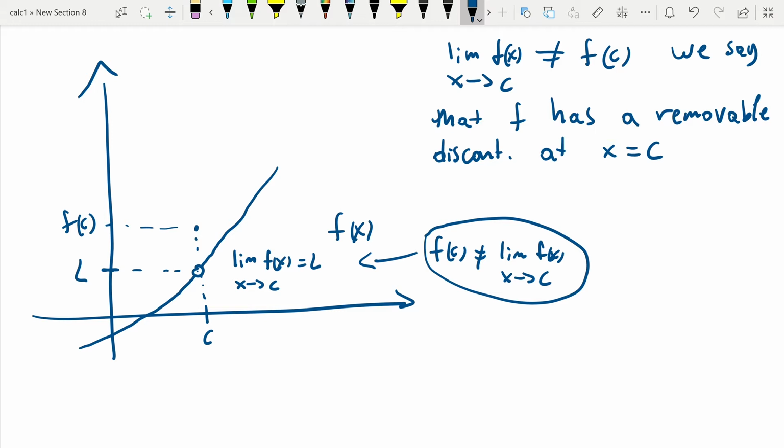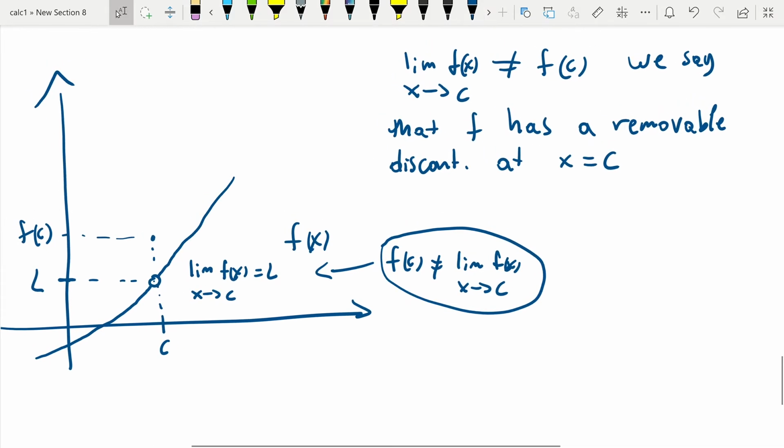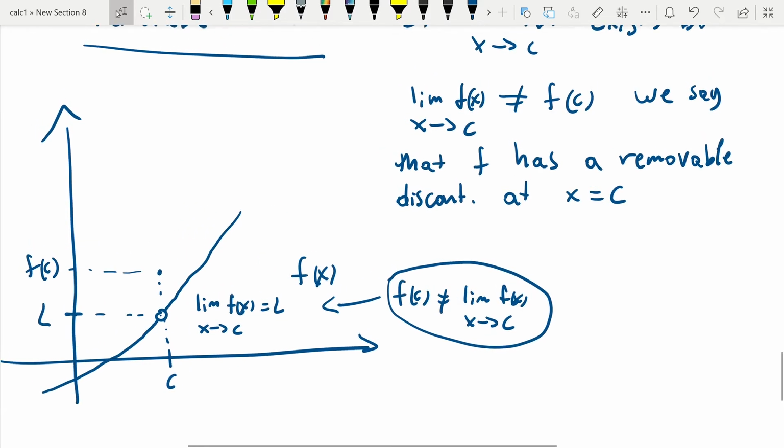Everything looks continuous here except that the value of the function does not agree with the limit, but the limit exists. So if you approach c from the left and from the right, f seems to have a trend and it seems to be converging to a value L. So if we just assign that value L to f at the point, then we'll have a continuous function. So in that sense, it's removable because we can remove this discontinuity by simply redefining the value of f.